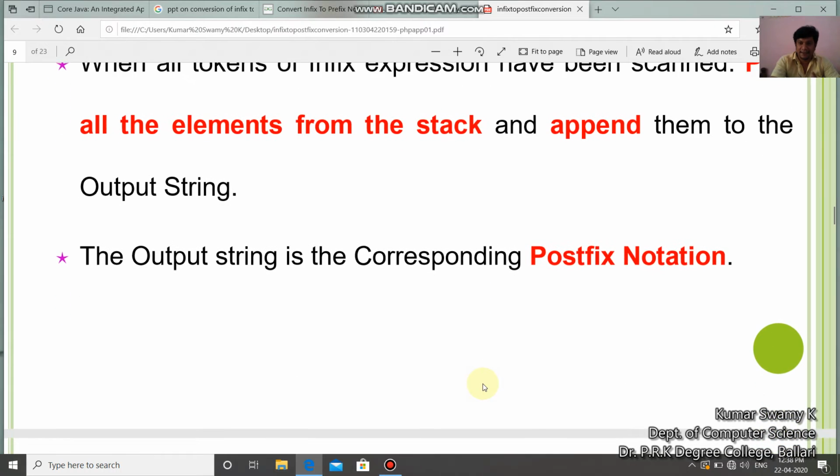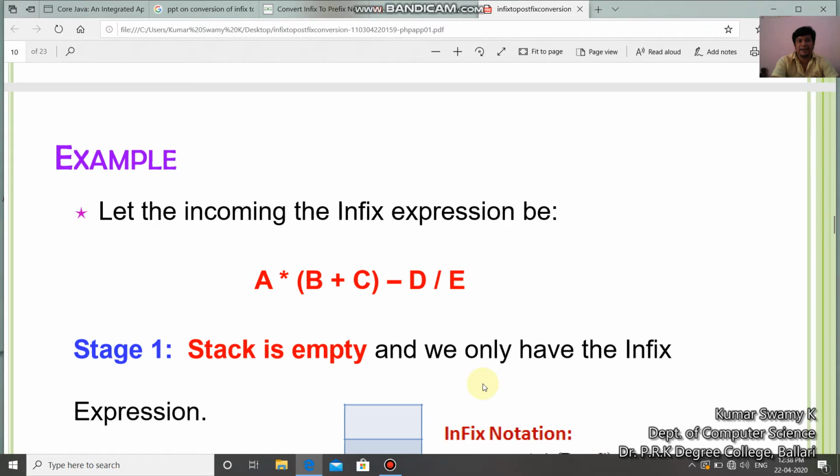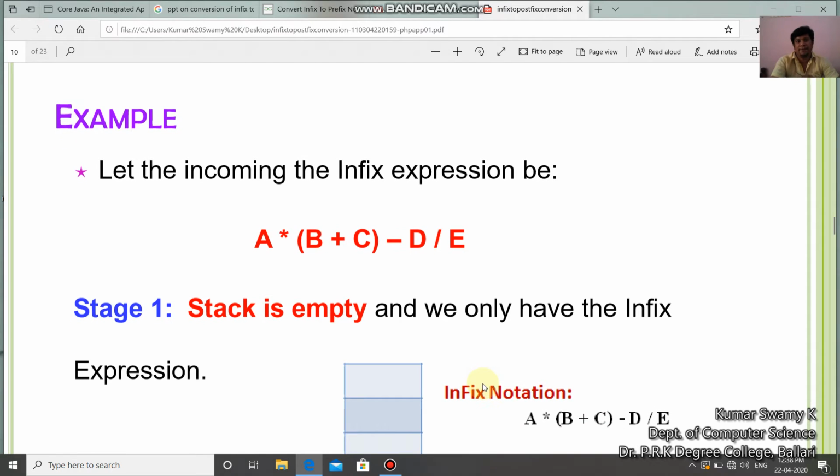I hope you are getting clarity. Let us look at an example of conversion from infix to postfix. Let the incoming infix expression be a into b plus c minus d by e.